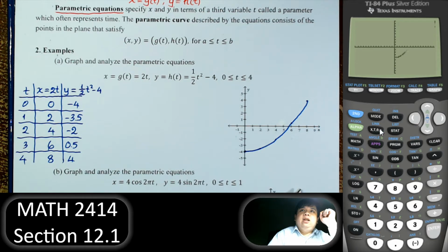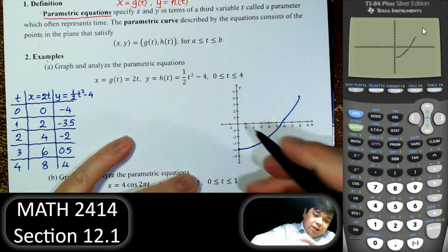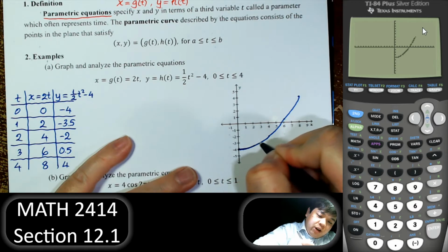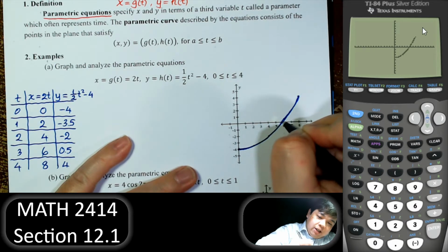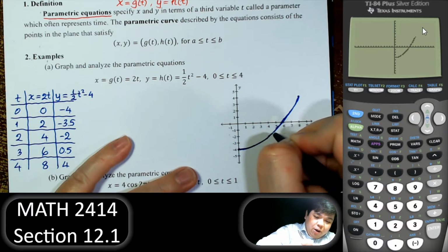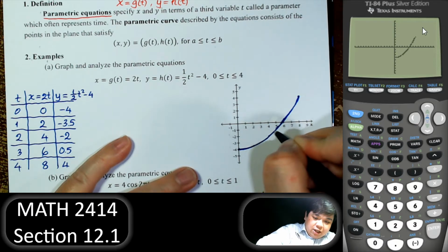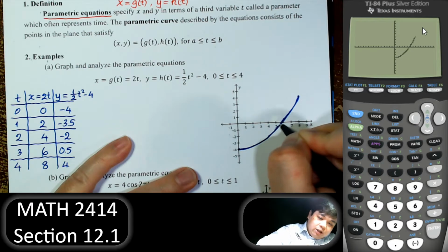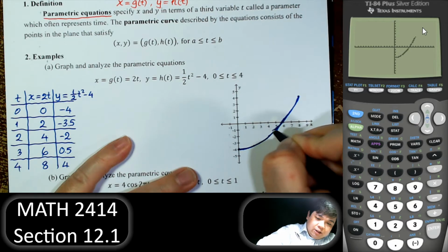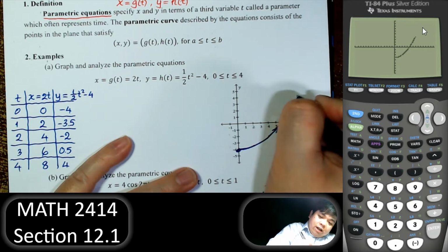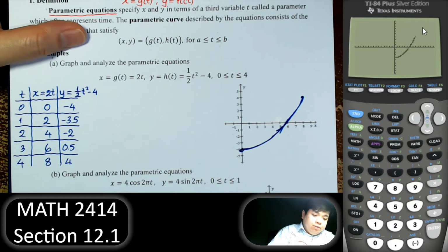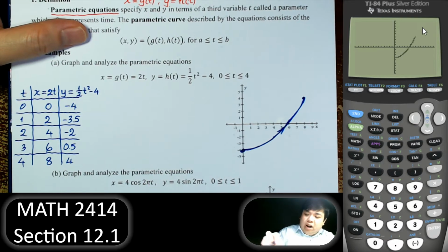Right, so it goes like that, exactly what we have here. The difference between the graph of this curve and a regular function is that in this curve we have the direction, so it goes that way and has a starting point and an end point. So it's easy to graph.